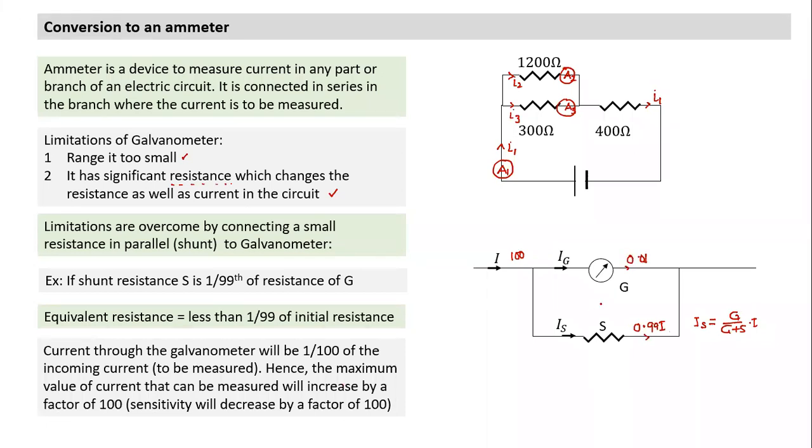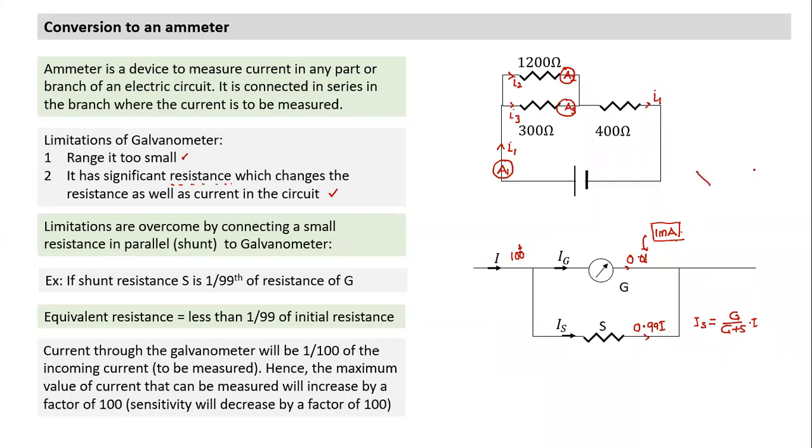So what has happened now? Say my range of galvanometer was 1 milliampere. When I find the current here is 1 milliampere, I know that whatever current I measure here, the actual current is 100 times that.